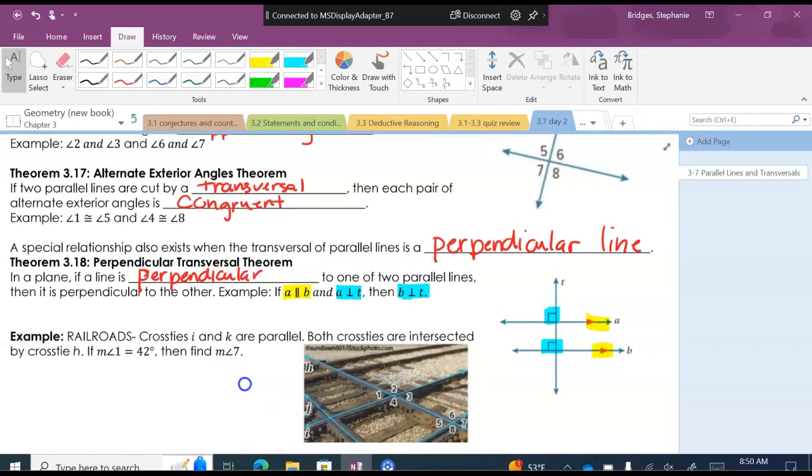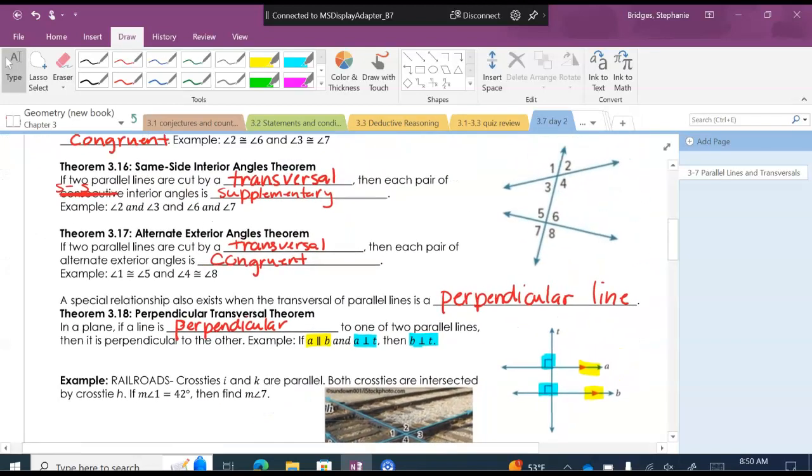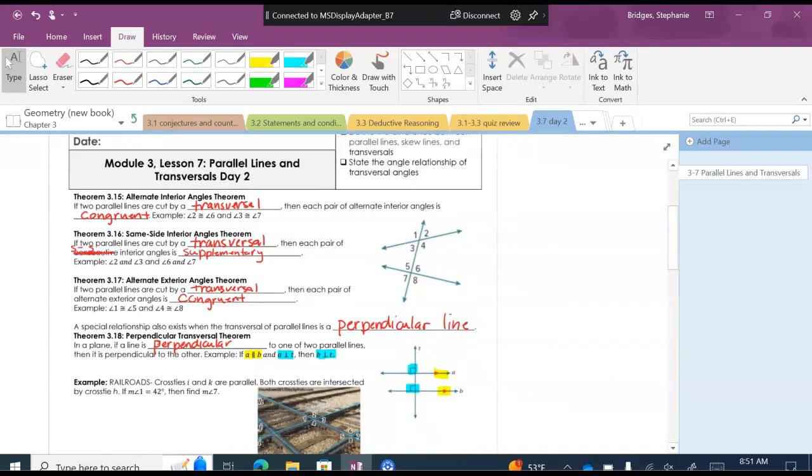Now, one that is not mentioned here before we move on is the same side exterior angles. Those also have the same relationship as same side interior. They are supplementary. And the easiest way to remember it is same side is supplementary. Think about that. They all sound the same. And then alternate interior, alternate exterior, and corresponding angles, which, why is that just not written here?